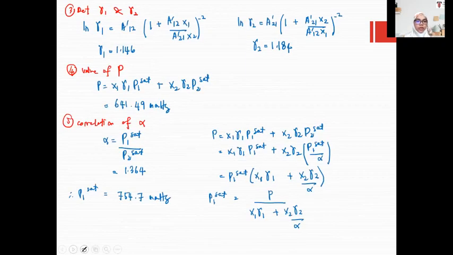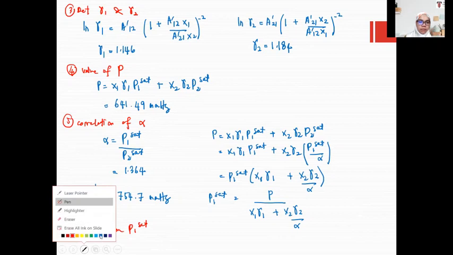So what we can do next is to insert this value to obtain the value of temperature. The step number 6 is to determine the value of T1 saturation from the P1 saturation obtained.